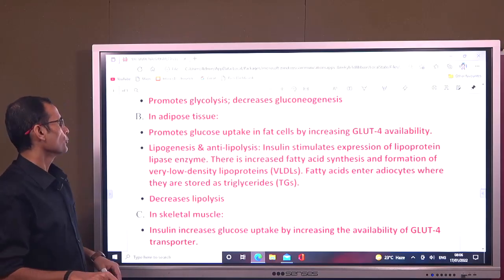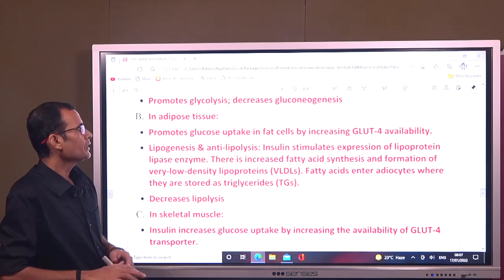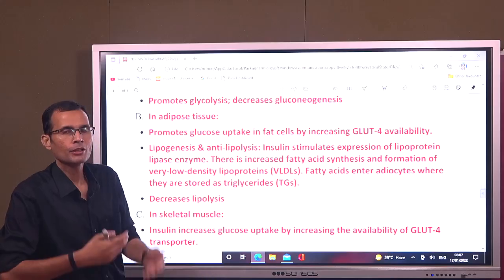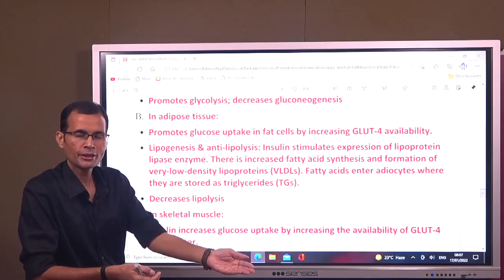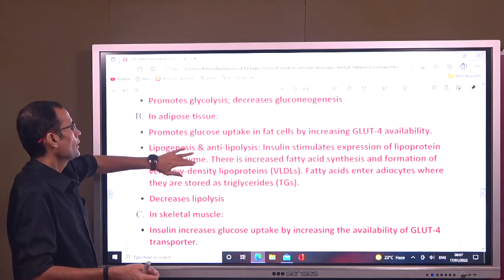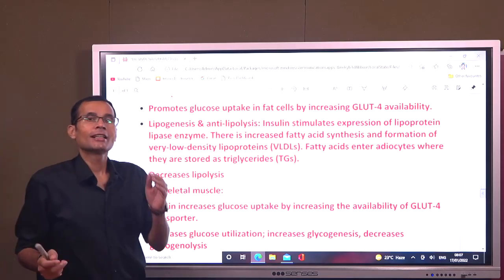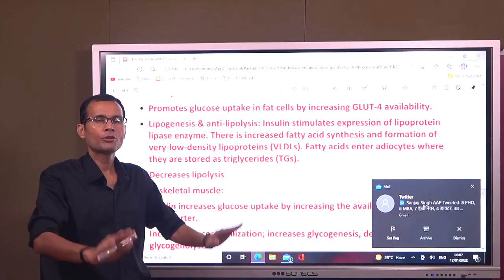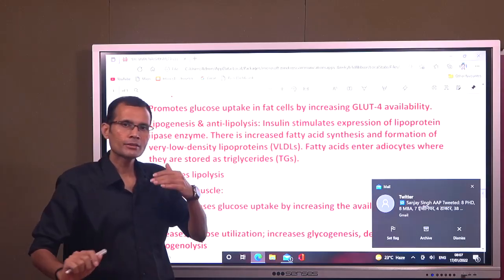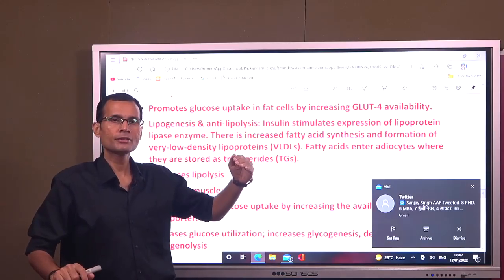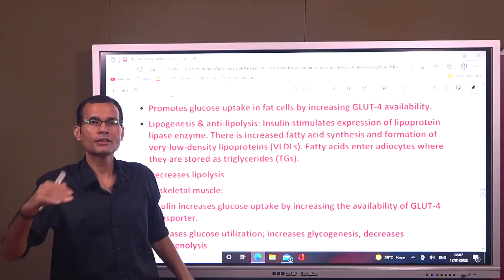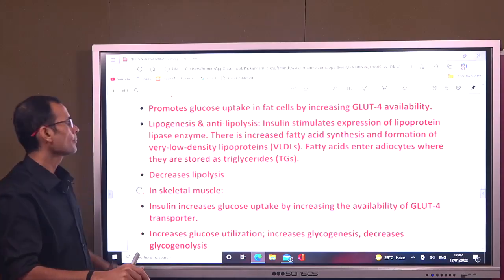In the adipose tissue, it promotes glucose uptake in the fat cells also by increasing the GLUT4 availability. GLUT4 is going to cause glucose entry into the fat cells. The action is lipogenesis and anti-lipolysis. We have already seen this: synthesis of the nutrients, storage of the nutrients, and prevention of the breakdown of those nutrients.